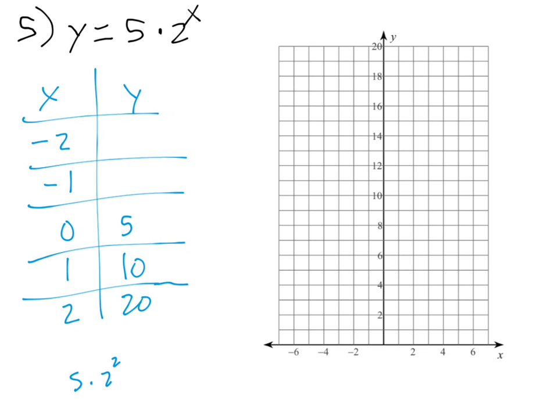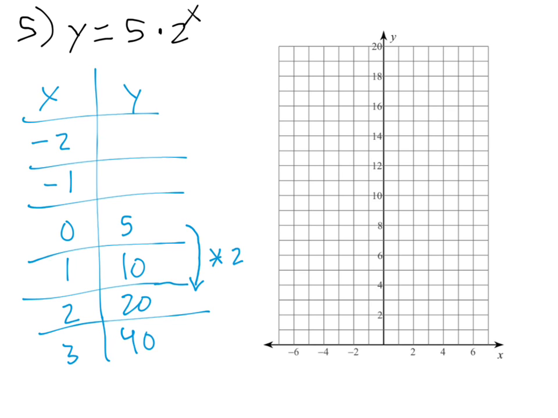Well, the reason I started with these ones is because I wanted to point out a pattern going down here. And you see we got 5 to 10, 10 to 20. That's the same pattern, and it is all times by 2. All right, 5 times 2 is 10, 10 times 2 is 20. And you could probably guess what the next one is going to be. You probably guessed 40.